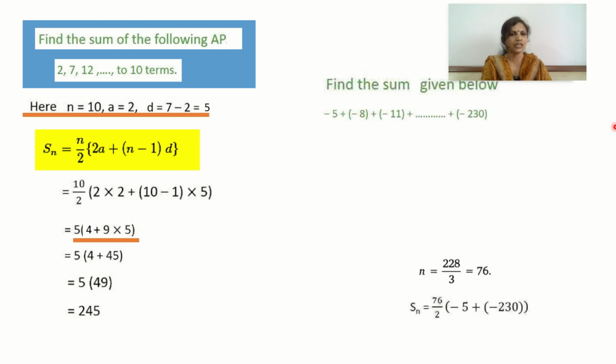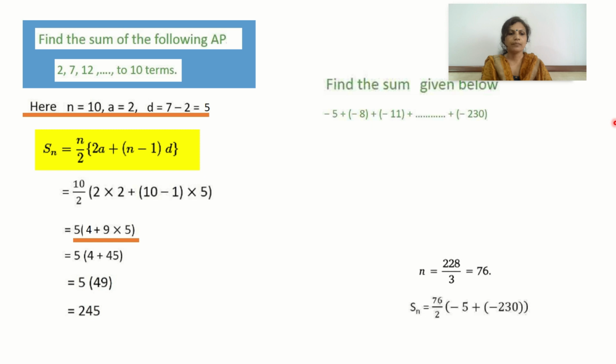And your formula is Sn is equal to n by 2 in the bracket 2a plus n minus 1 into d. Now since you have to find the sum of 10 terms, you will convert your formula for S10, because it is the sum of 10 terms. So S10 is equal to 10 by 2 in the bracket 2 into 2 plus 10 minus 1 into 5. We are substituting all the values in the formula. So we get 5, you can cancel this.